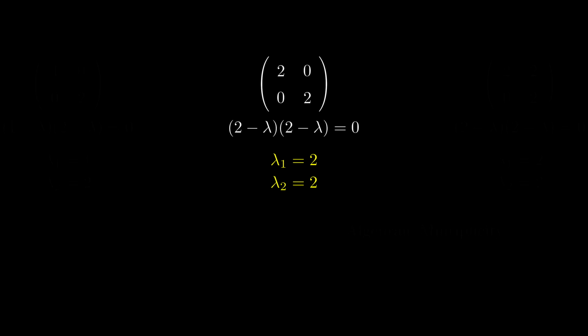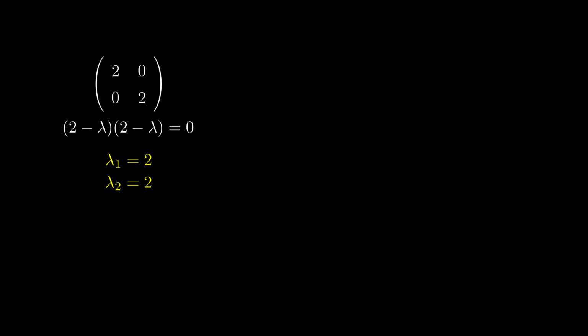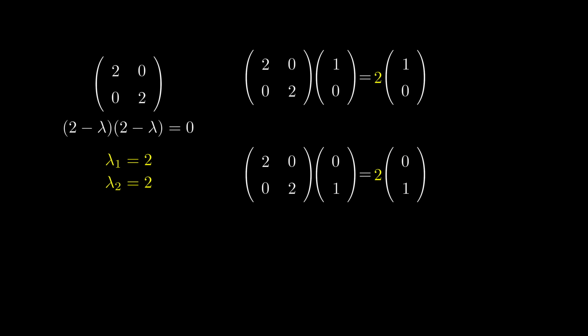Taking a closer look at the second matrix, we see that the eigenvalue 2 has 2 corresponding and orthogonal eigenvectors. It means the eigenspace spanned by the eigenvectors has a dimension of 2. The dimension of the eigenspace of the eigenvalue is called the geometric multiplicity of the eigenvalue.